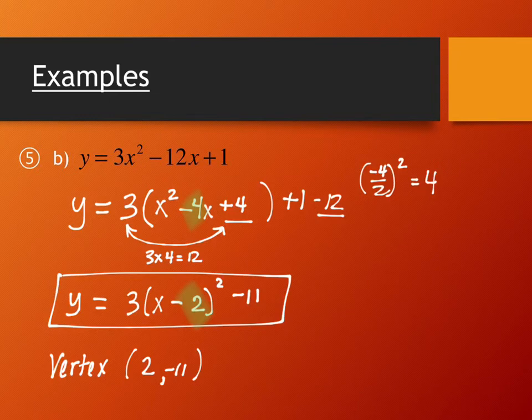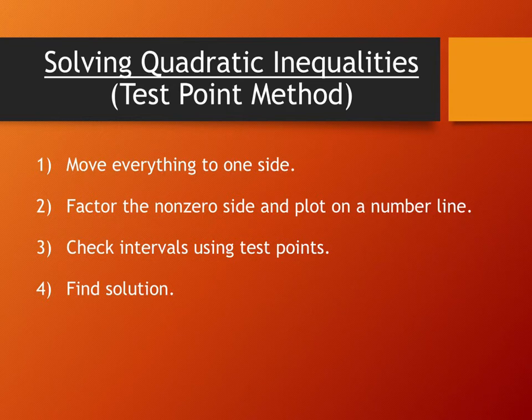All right, the last thing we're going to look at in this section is inequalities. And if I have time for just one of them, I'll put the other one out right after class for you to go back and watch the last few minutes of. But we're going to take a look at solving quadratic inequalities, and this is called the test point method. So basically what we have is we're going to move everything to one side of the equation. We're going to factor. All that just sounds like what we do with equations anyway.